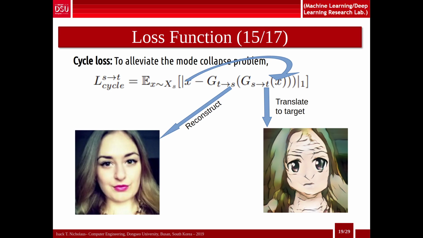This means that when the network is trained upon multimodal data directly, the generator learns to fool the discriminator by generating only a limited variety of data. So this will help our network to alleviate the model collapse problem.